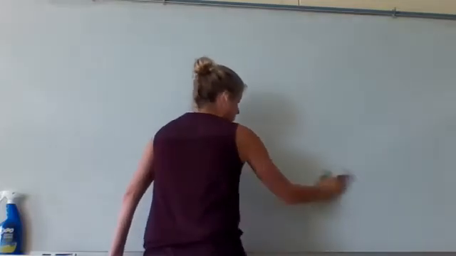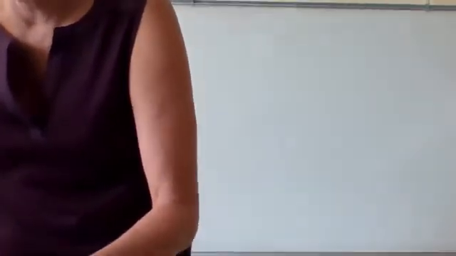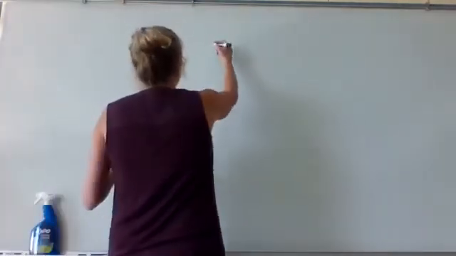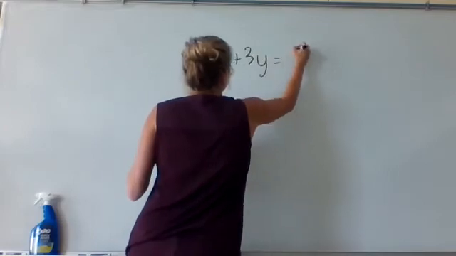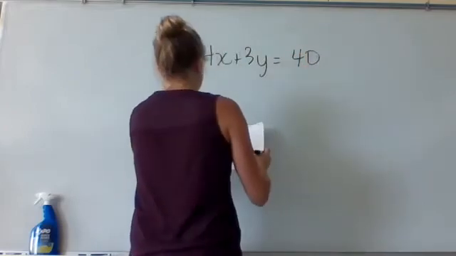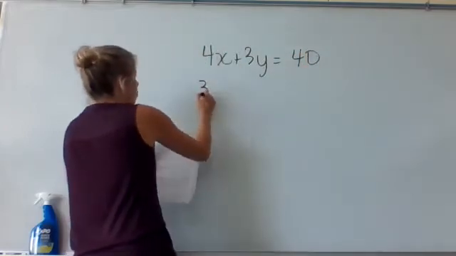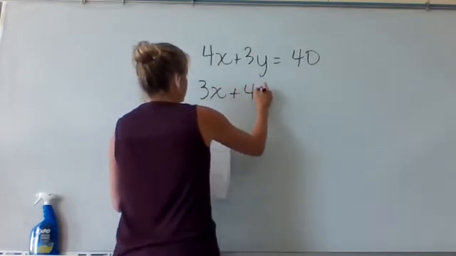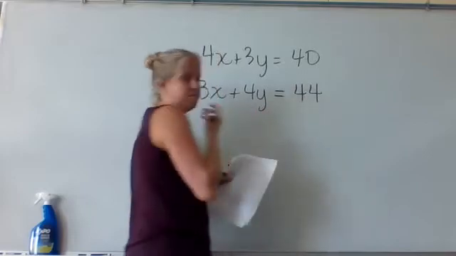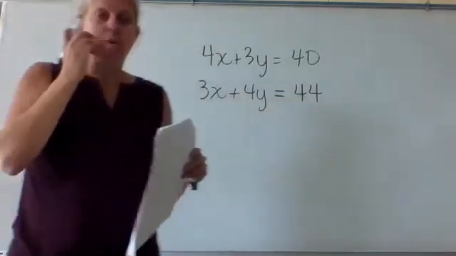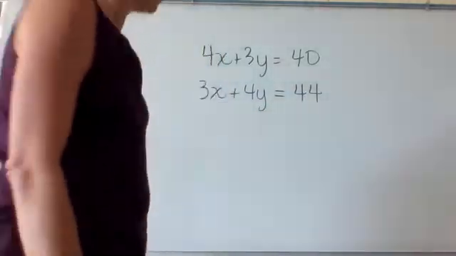Number 20. You have 4x plus 3y equals 40, and 3x plus 4y equals 44. Now remember how we turn these into matrices.